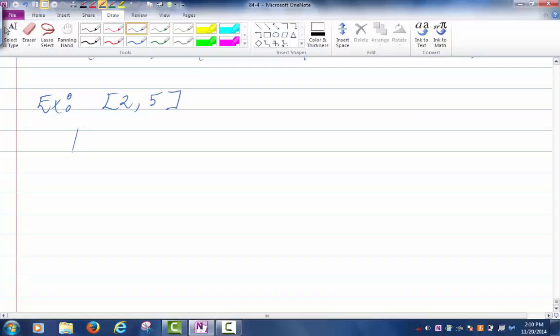This time I am looking for a partition where I want the size of the partition to be n again. Okay, I want n subintervals again. However, I am now requiring that all the subintervals have the same length again.